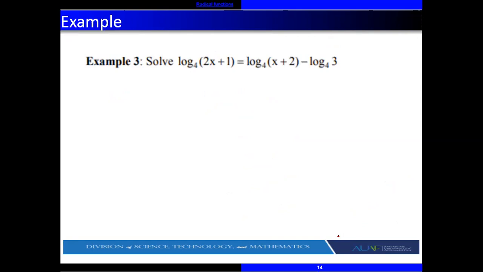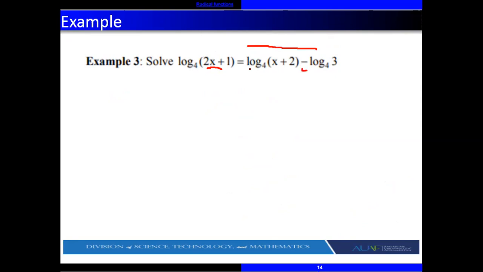Okay, how we can write this one? So we have log of 2x plus 1 base 4 equal to log of x plus 2, base is 4, log of 3 is the base of 4. So you can see here, this one is in subtraction form. We have minus here.